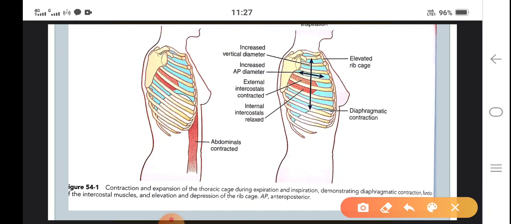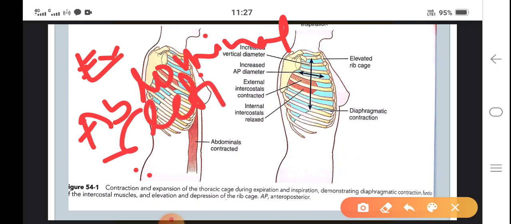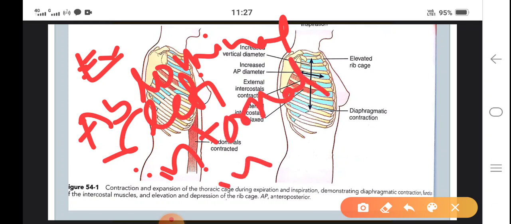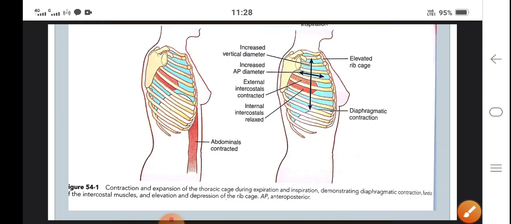We come to this point, this is the expiration, and during this expiration there are two muscles. One is abdominal recti and second one is internal intercostal. These two muscles are contracted during the expiration. The air present in the lungs is expelled out through the nostril.